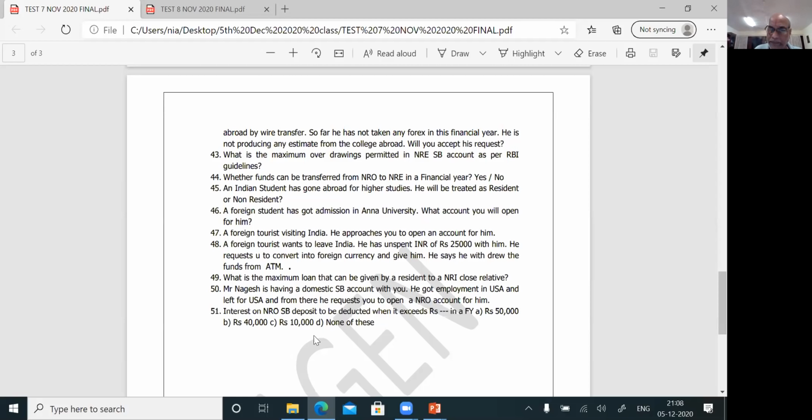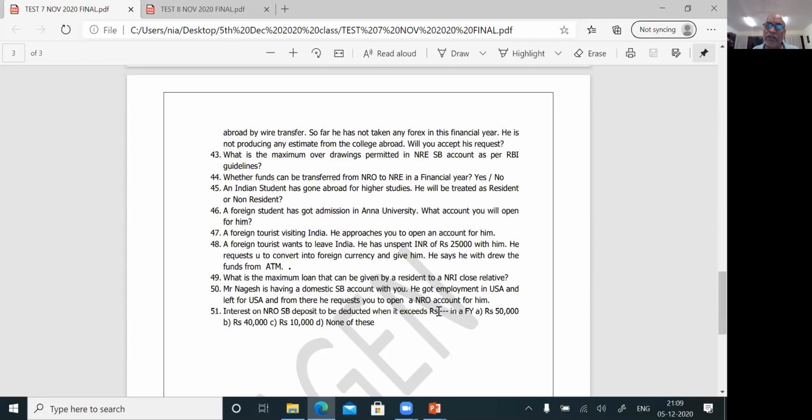Last question for the day. Interest on NRO SB deposit to be deducted when it exceeds. Friends, whether it is SB, KDR or FDR, you can have NRO SB, NRO KDR, NRO FDR. Interest earned, even if it is 1 rupee, in SB, KDR or FDR is subject to tax.